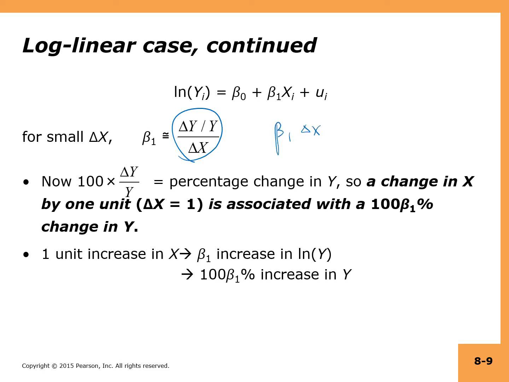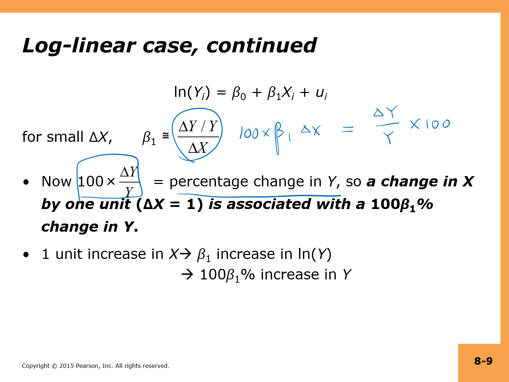So I'm going to rearrange it by multiplying the left-hand side and right-hand side by change in x. This gives me that beta 1 times change in x is equal to change in y over y. We know that 100 times change in y over y is percentage change in y, so I'm going to multiply each side by 100.